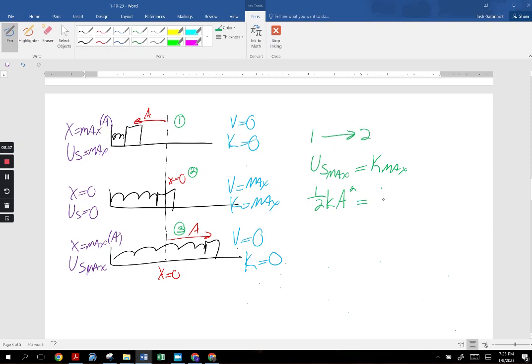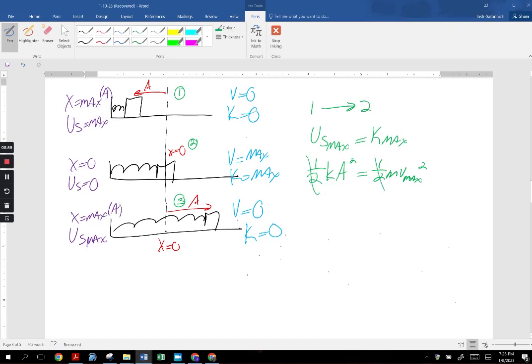And that has to equal your 1/2 m v max squared, because that'll be your maximum velocity when you cross equilibrium. And the halves will go away. Not that that really matters much, but the halves do go away. This just says that you start with all spring energy and end with all kinetic. That's pretty simple. You can do the same thing from 2 to 3 or 3 to 2. Either way, you're starting with all of one energy and ending with another. Transformation of energy, that's all.